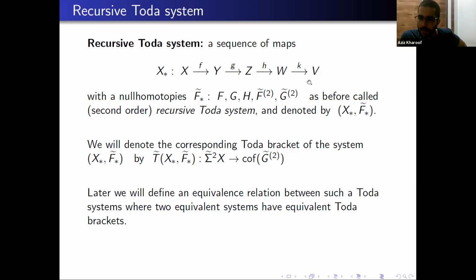A system has all the choices built into it, right? So ultimately, all the choices of null homotopies, you mean? Yeah, and higher order. No, one choice. That's the Toda system, I mean one choice, not all. Yes, sorry, I meant all the choices have been made along the way, so that ultimately a Toda system produces a single element of the long Toda bracket. That's my question. Yes, a single element. Okay, that's what I thought. So by the long bracket you mean all the Todas? Yes, exactly. The long Toda bracket to me is all possible homotopy classes you can build that way. Okay, that's what I thought.